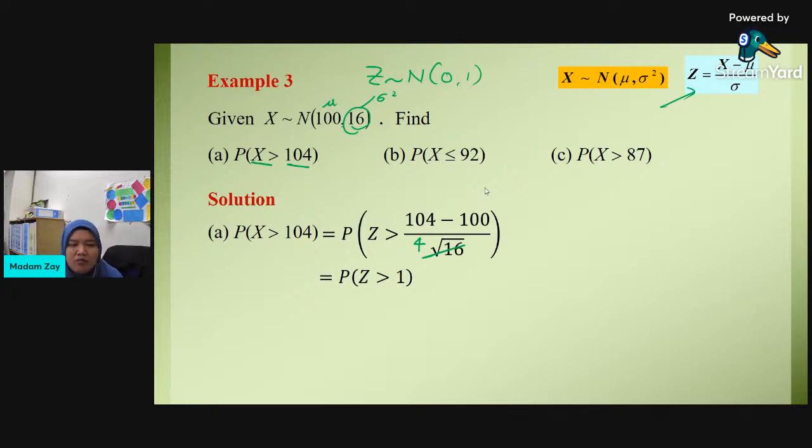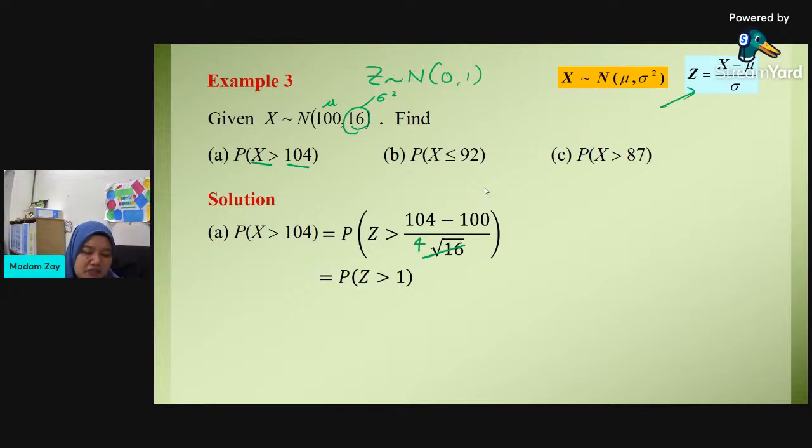So bila dah dapat more than 1, boleh tak tengok nilai probability of Z more than 1 ni dalam table terus? Boleh. So, tengok table masing-masing.